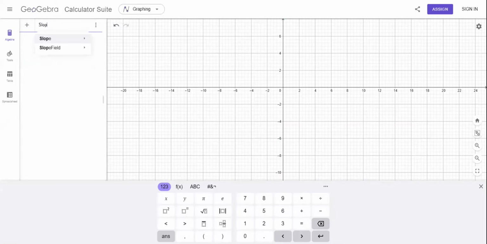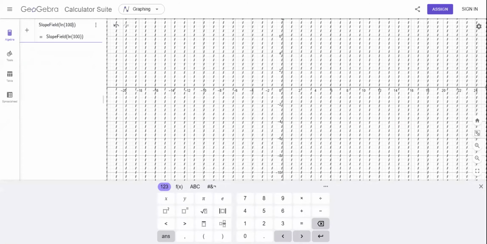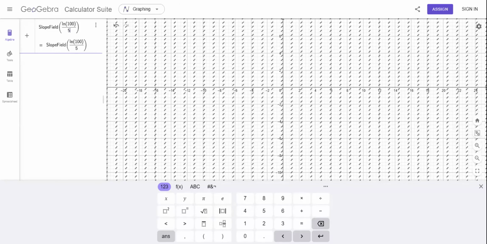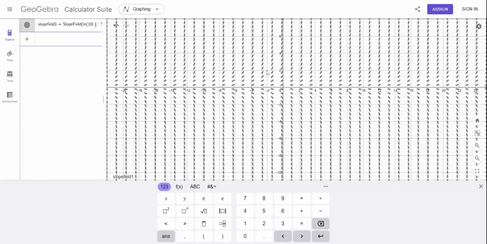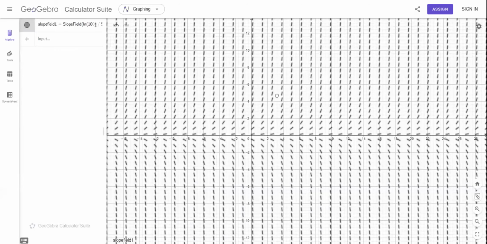So slope field, and the differential equation was KB. The k was natural log of 100 divided by 5. Then I'd have y after this. So here's the slope field, and it looks like this for the model.